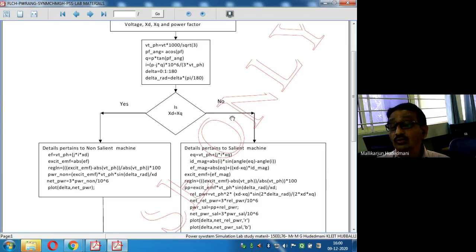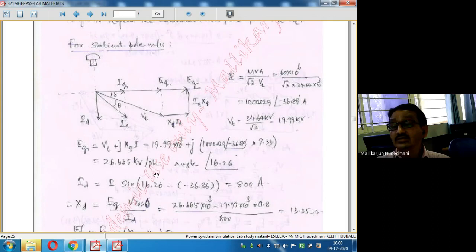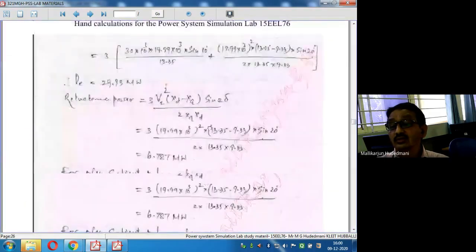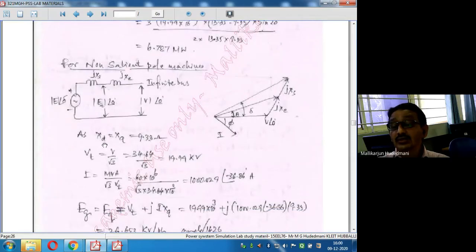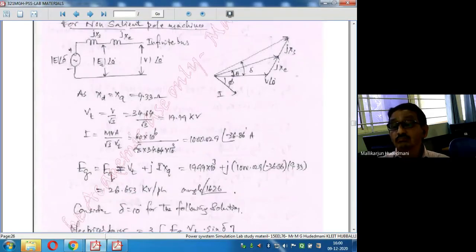Then I will go to the right side here. Let us take the first one, xd equal to xq, the one which you have just studied here. I just take this hand calculation over here. When I wanted to make a non-salient pole structure, xd is equal to xq, my calculation was so simple. MVA divided by root 3, then I got Vt, current, and EMF per phase.